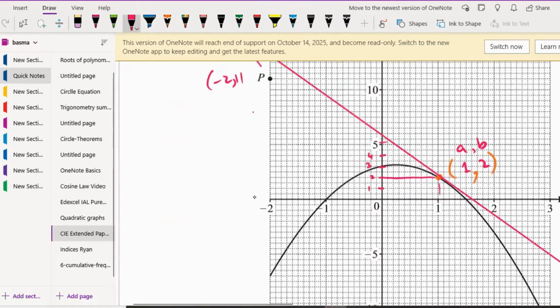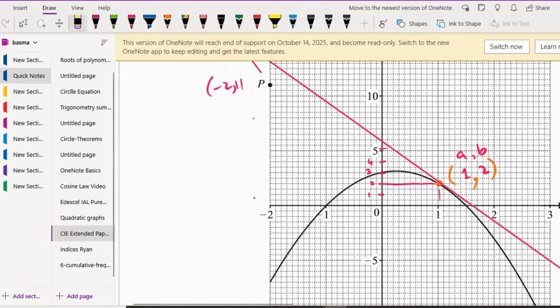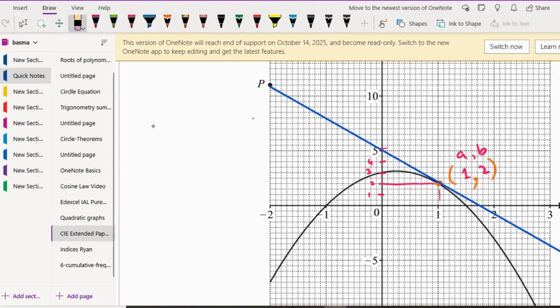I'll again use that point, because this isn't looking like a tangent here. I have this blue line as a tangent, and I don't know why I'm unable to draw the line with the help of this ruler. P coordinates, I forgot what those were.